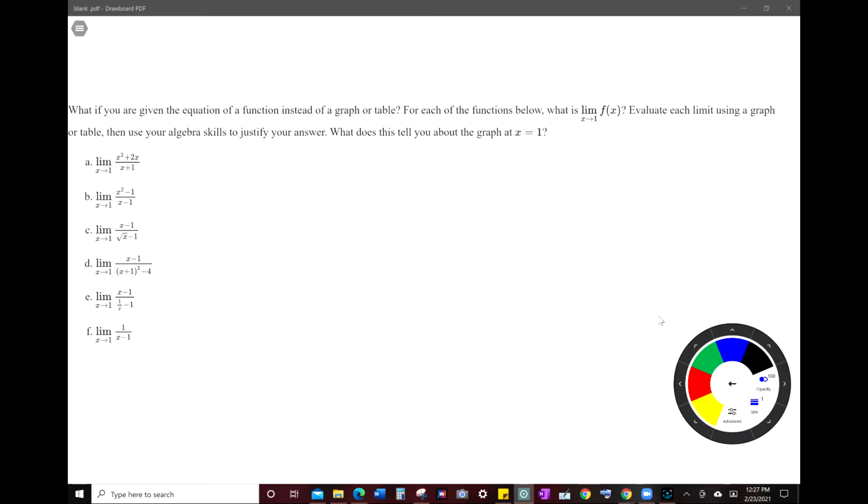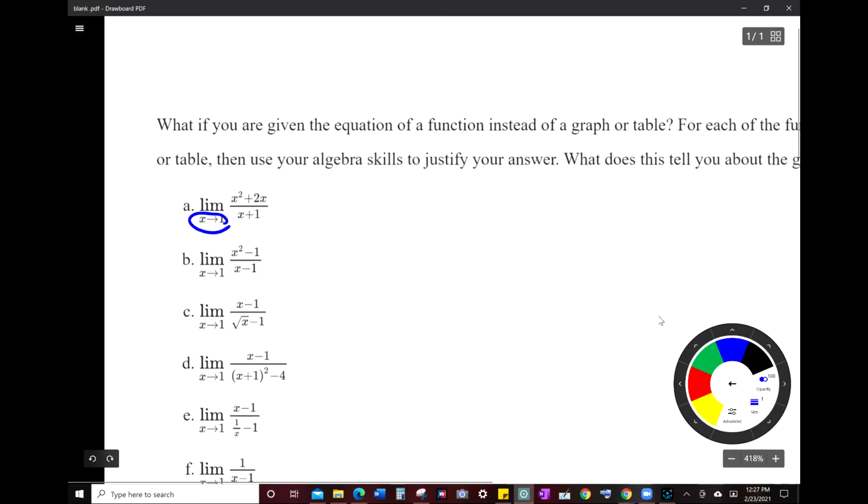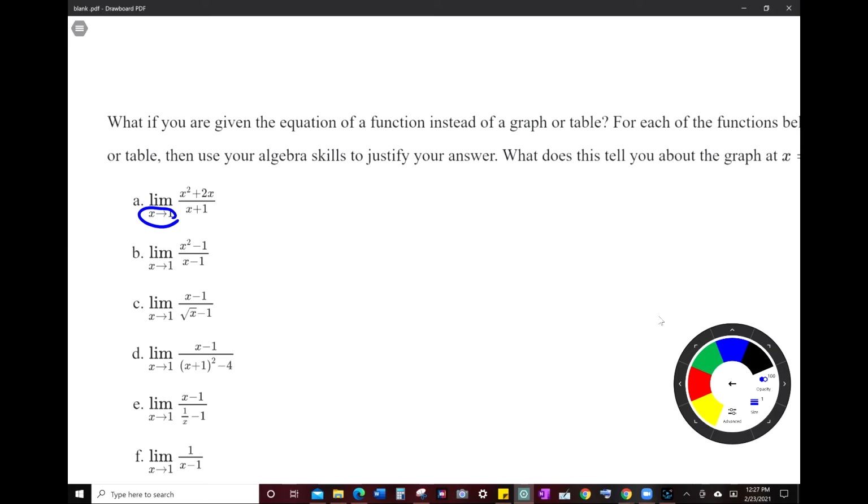Alright, for part A, what does it mean by direct substitution? When you have the limit x to 1, you take this value and you plug it directly into this function right here. Sometimes it works, sometimes it doesn't, and when you plug in the x value and you get 0 for the denominator, that means your fraction will be undefined.